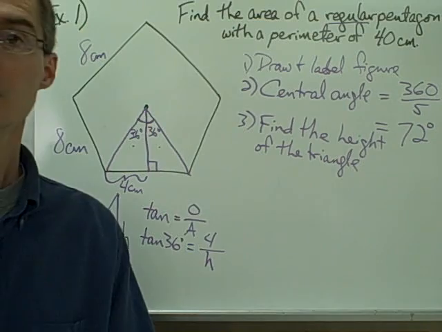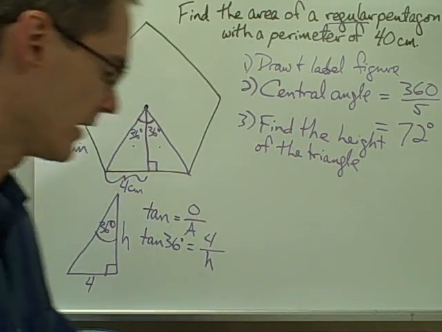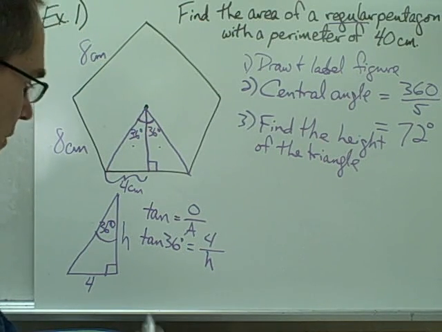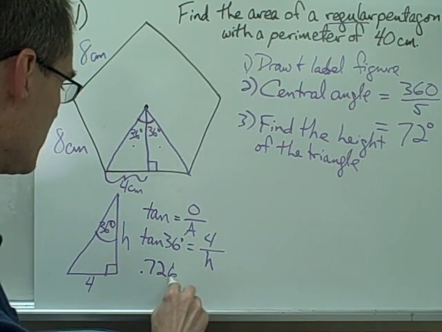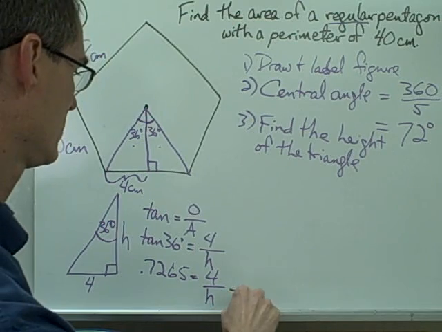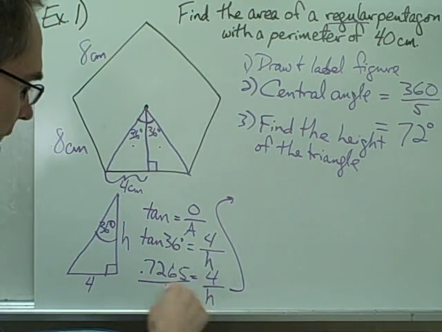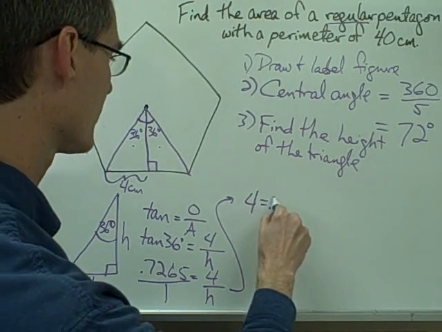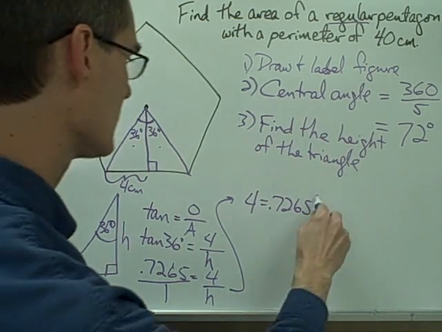Now I just need to do a little bit of algebra. I take my calculator and find tangent of 36. Tangent of 36 is 0.7265, equals 4 over h. If I put that over 1, I've got a proportion that I can solve. So 1 times 4 is 4. 4 equals 0.7265 times h.